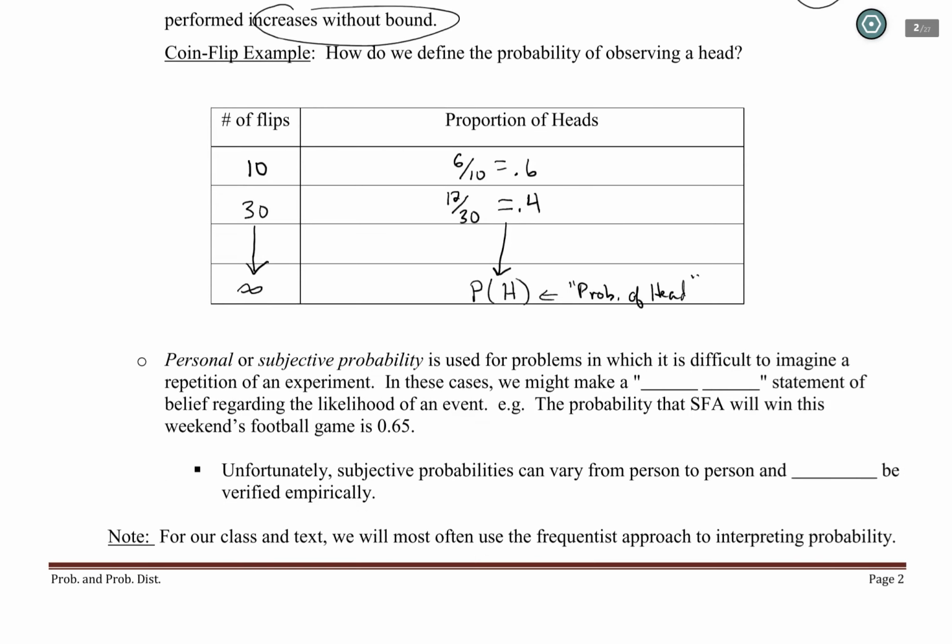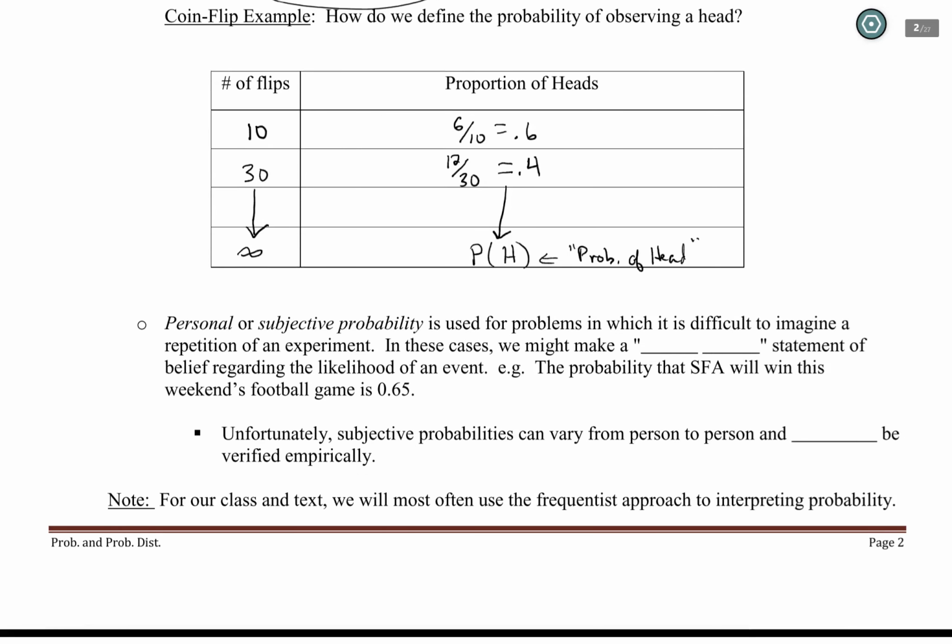Last approach here, the personal approach, or the subjective probability approach. There are situations in which it's difficult to imagine the repetition of an experiment, and that's what we needed for the previous two interpretations. So in these cases, what we might do is make a one-shot statement of belief regarding the likelihood of an event.